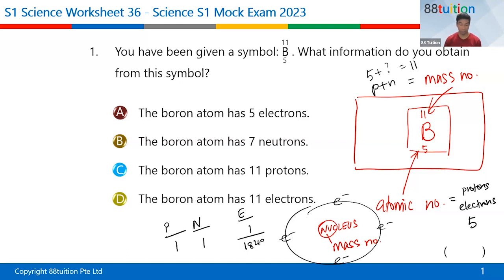Answer is 7, right? So neutron will be 7. And electron, proton will be 5. So you have to choose one of the options A, B, C, D. So the boron has 5 electrons, 7 neutrons, 11 protons, or 11 electrons.